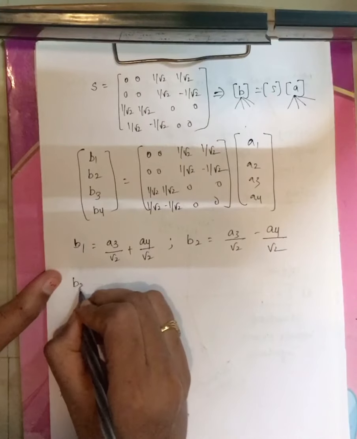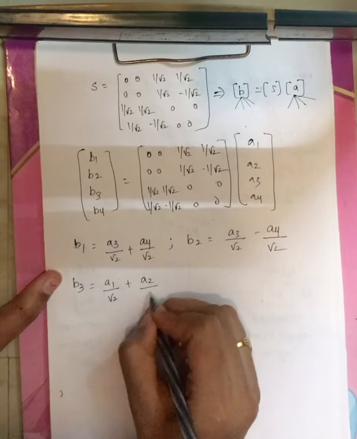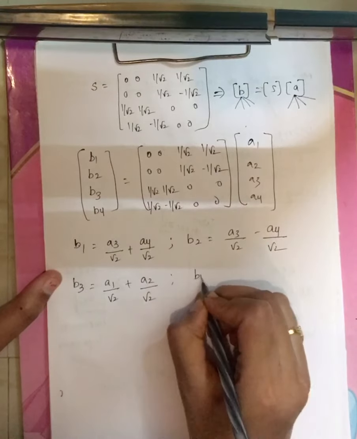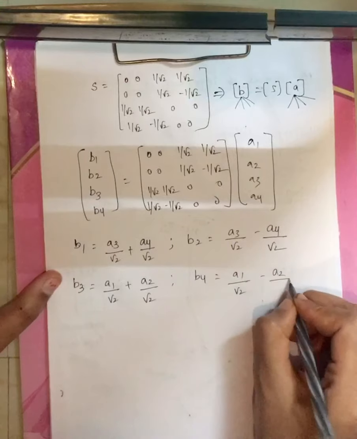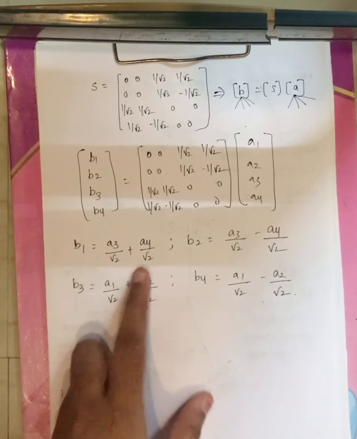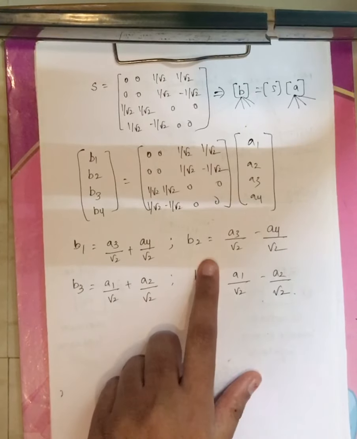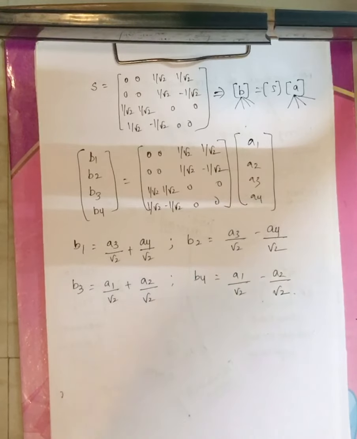B3 is nothing but A1 by root 2 plus A2 by root 2, and B4 is nothing but A1 by root 2 minus A2 by root 2, right? After multiplication of S with A, you will get the reflected power at port 1 as this equation, at port 2 as this equation, at port 3 this one, and at port 4 this one, right?